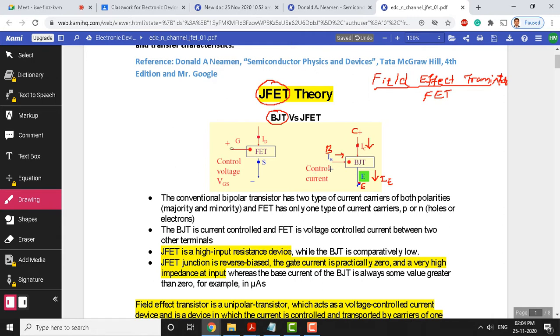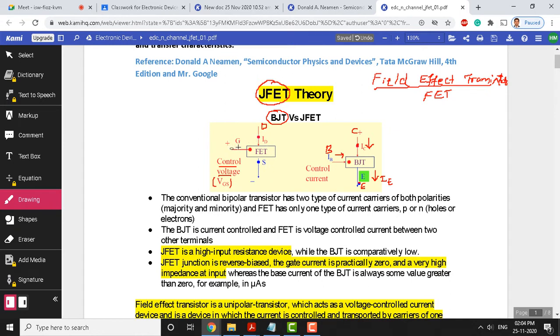Look at it in a similar way here. So, this is FET. In the FET you can see 3 terminals: gate, source, and a drain terminal. Similar to the BJT, here we have gate and source. The gate and source voltage, which is called the control voltage, VGS, is used to control the current movement from drain to source.